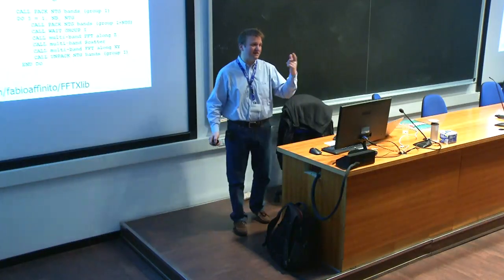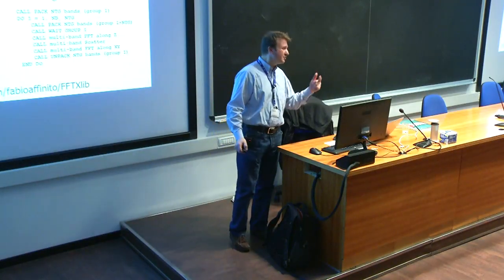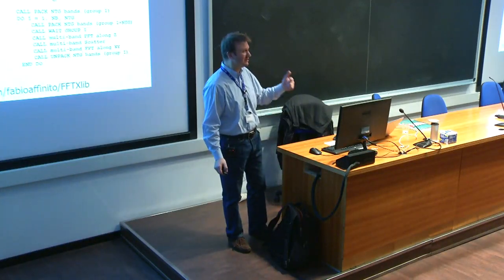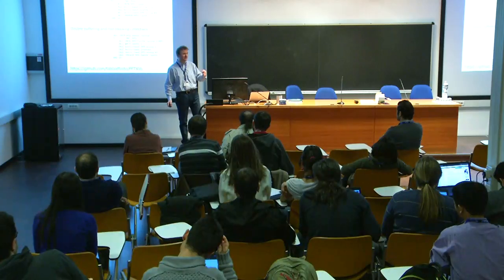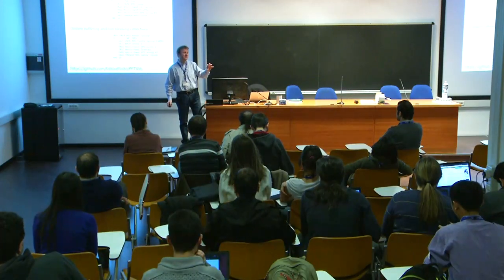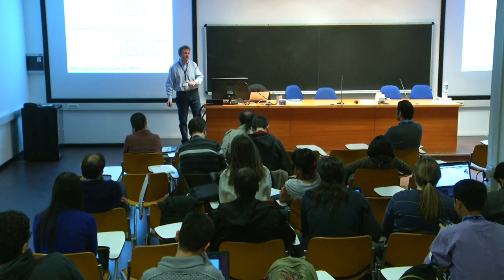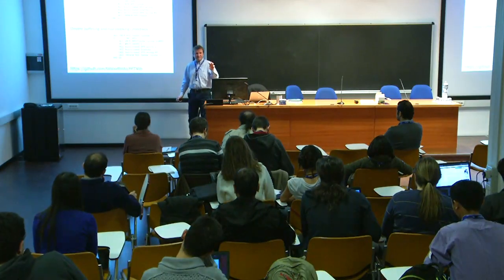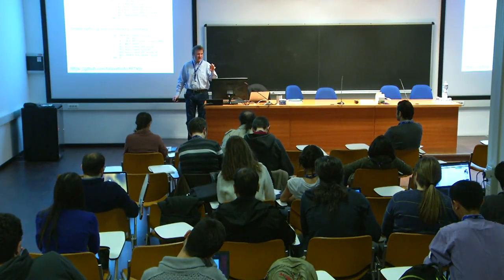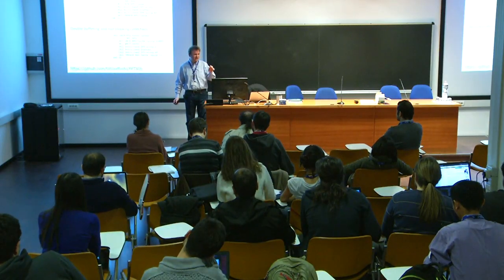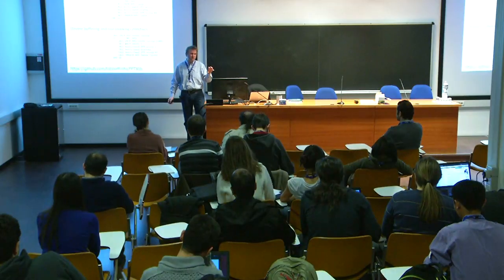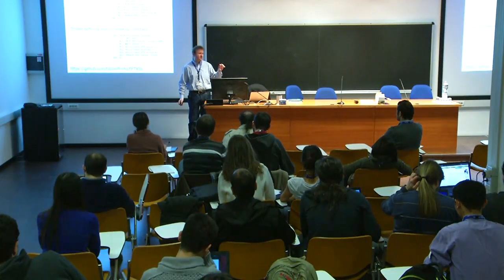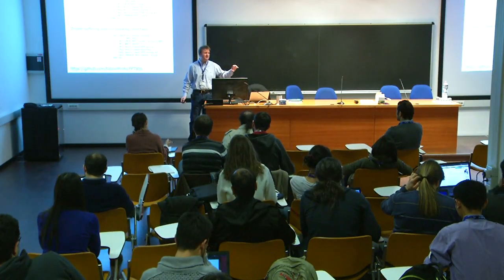So if you are a Quantum Espresso user and you use the task group feature, you have to know that you are grouping the FFT computation, and the group of FFTs is the same size as the task group. So if you specify 2 task groups, it means that you are going to perform 2 FFTs at the same time in the loop.